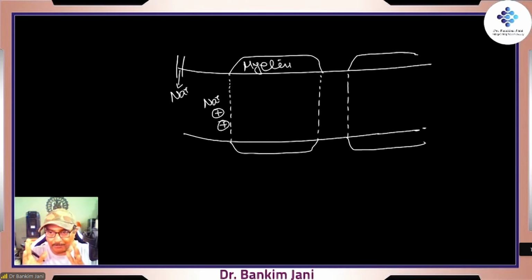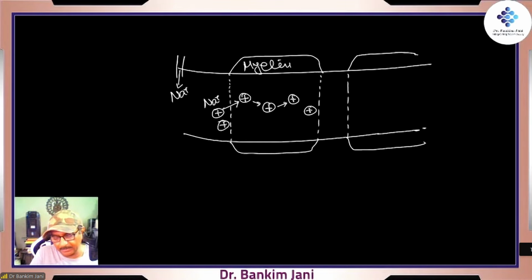Now, in case of myelin, there is an arrangement of these positive ions already there. So this positive ion would hit this positive ion. That would hit this one.